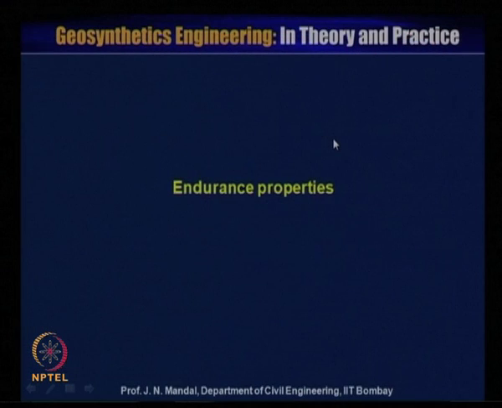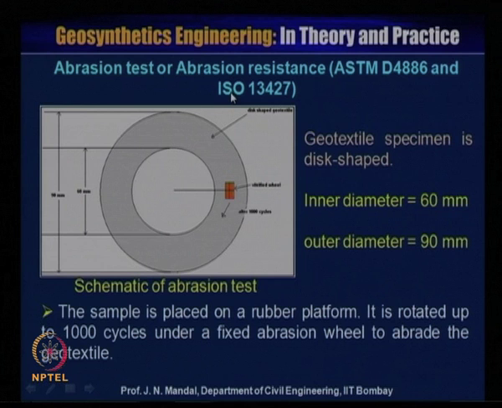Next is endurance properties. Here, the abrasion test or abrasion resistance test is as per ASTM D4886 and ISO 13427. This is the schematic of the abrasion test, and it has an inner diameter of about 60 millimeter and an outer diameter of about 90 millimeter.